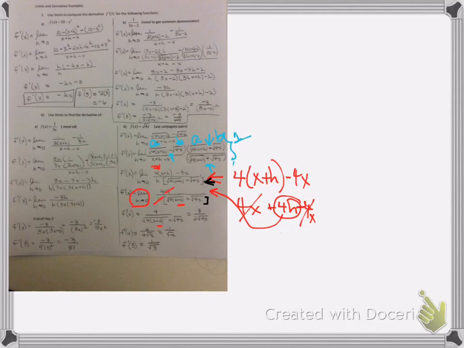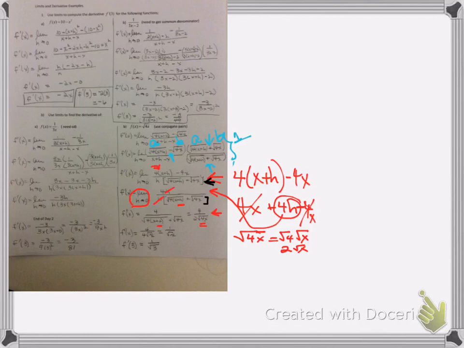Now when h is 0, I really just have radical 4x plus another radical 4x, which just gives me 2 of them. I can then pull this 4 out, because radical 4x is equivalent to radical 4 times radical x, and taking the principal square root, that's going to be 2, and that's still going to be radical x.